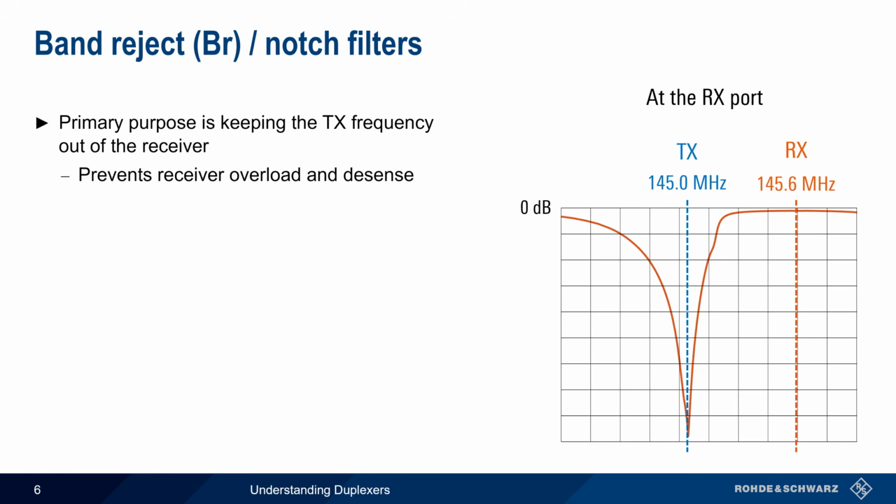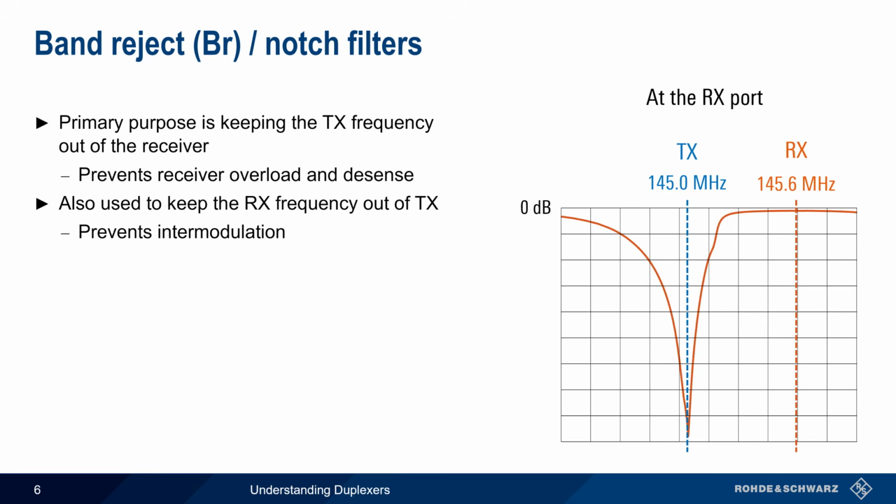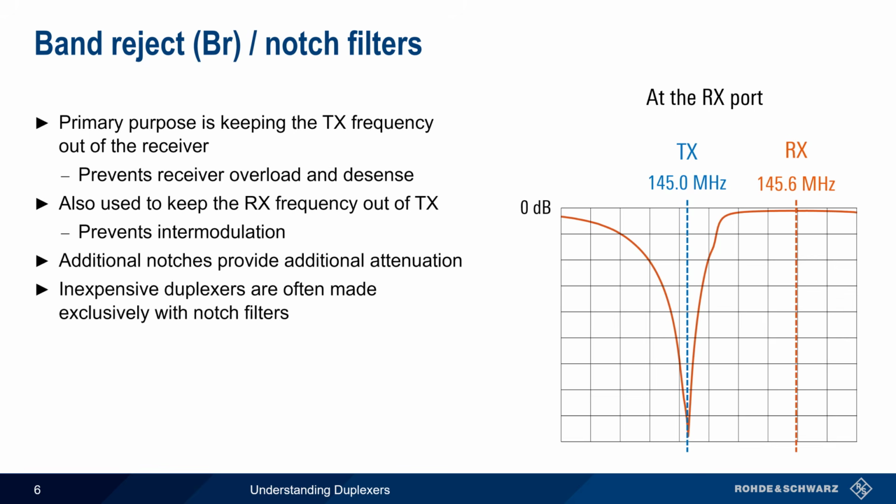A secondary purpose of a band reject filter is to keep the receive frequency out of the transmit port. This is primarily to avoid intermodulation or mixing of the transmit and receive signals. Note that it's not uncommon for a duplexer to have multiple band reject filters in series to provide additional attenuation. It's also worth noting that many inexpensive duplexers are often made exclusively using notch filters.